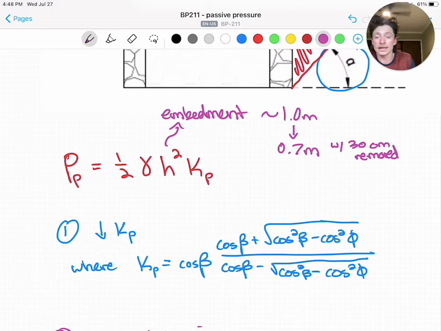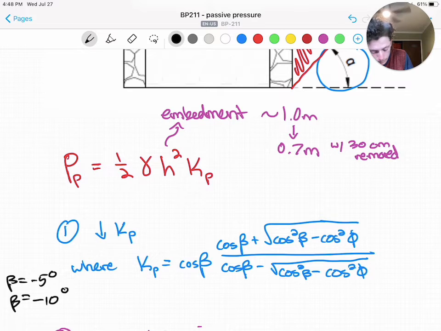Now, for a -10 degree slope, this reduces from 3 using a 5 degree slope, all the way down to about 2.77.